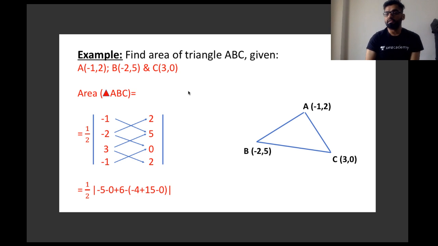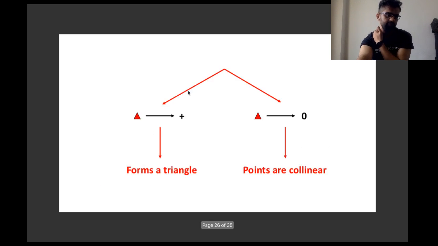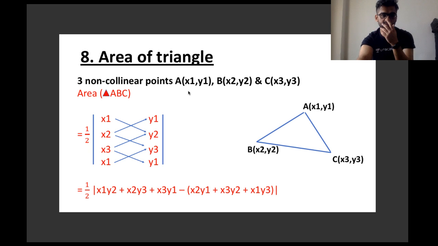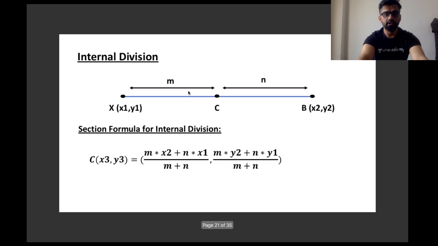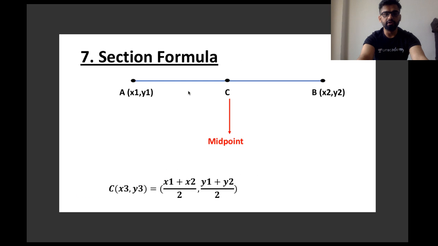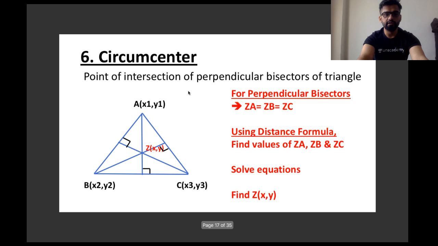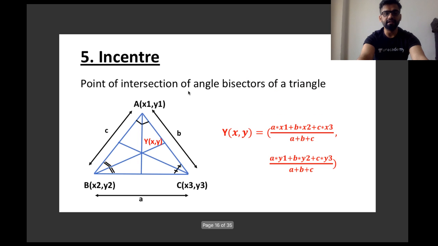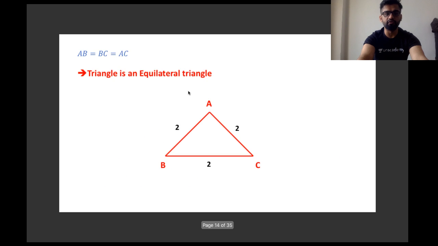Okay, so I'm going to keep the session open for a few seconds for people to get back to me if they have any doubts on what we have discussed so far. We have discussed these 8 topics under coordinate geometry as yet: area of triangle, then section formula for internal and external division, then circumcentre formula, then incentre formula in terms of coordinate geometry, then centroid formula.